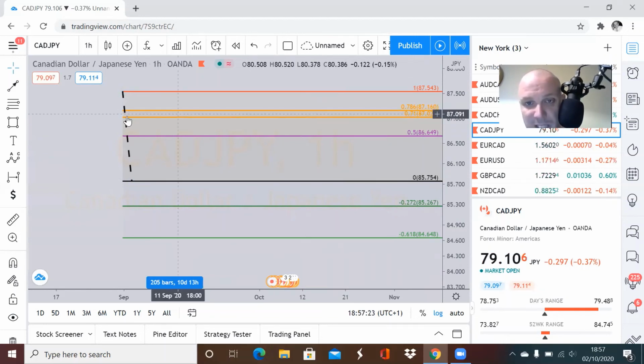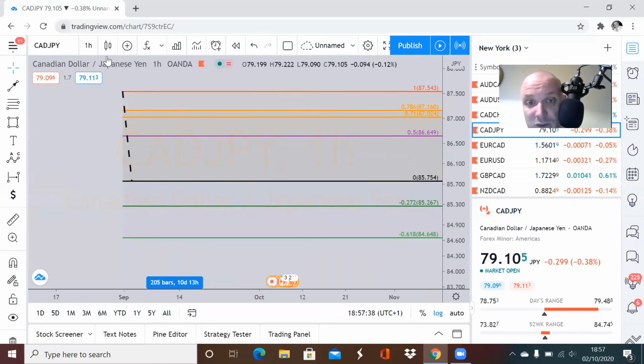The entry can be anywhere within this box or within the drawdown bit. The 0.5, which I'll go into in depth in some other training. You've got the naught, the minus 0.272 and a minus 0.618.